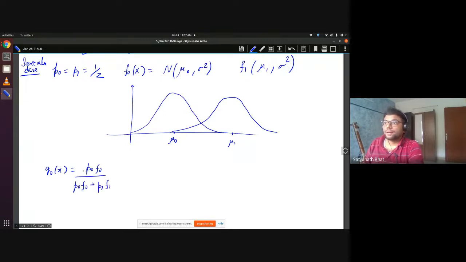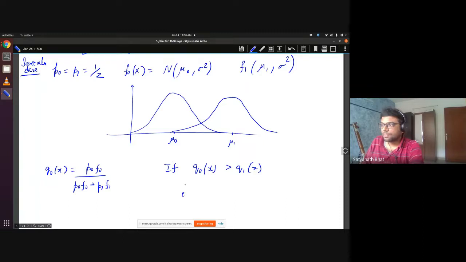Okay, and so if you want to look at the region where Q0 of X is greater than Q1 of X, because P0, P1 are both half, it boils down to everything getting cancelled out.